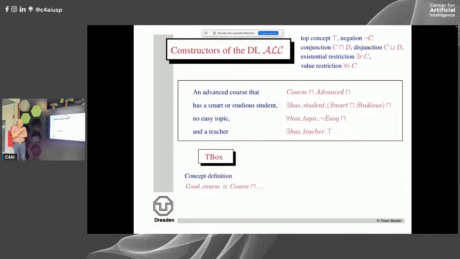Now in a T-box, for example, in this simple one with concept definitions, I could define a good course to be a course that has some properties, so maybe those properties. Now a general concept inclusion could, for example, say, if something has a student, then this is a course.